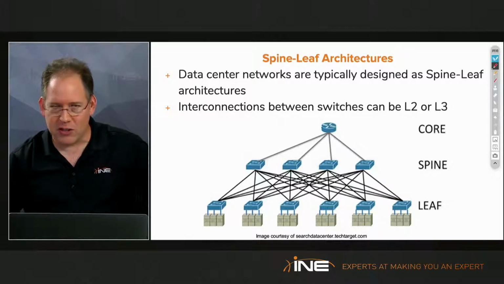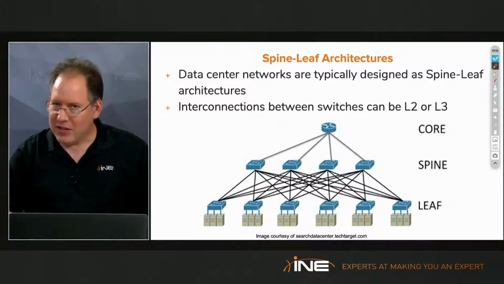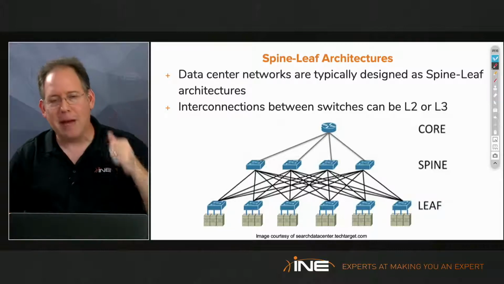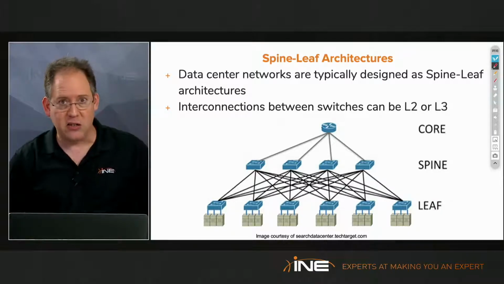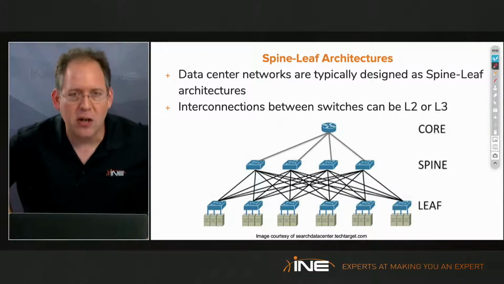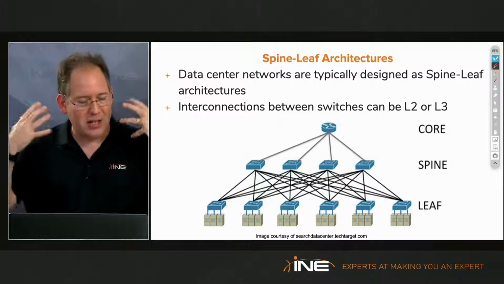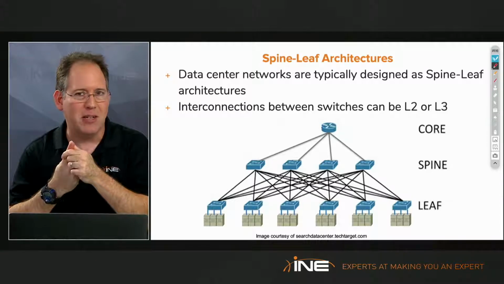So one characteristic of spine leaf is that these switches that you see aren't the same switches that your laptops and PCs are connecting to. Those are pretty pricey. These are super pricey. The switches here in the spine leaf architecture are designed with the intent of, number one, providing maximum resiliency and redundancy.